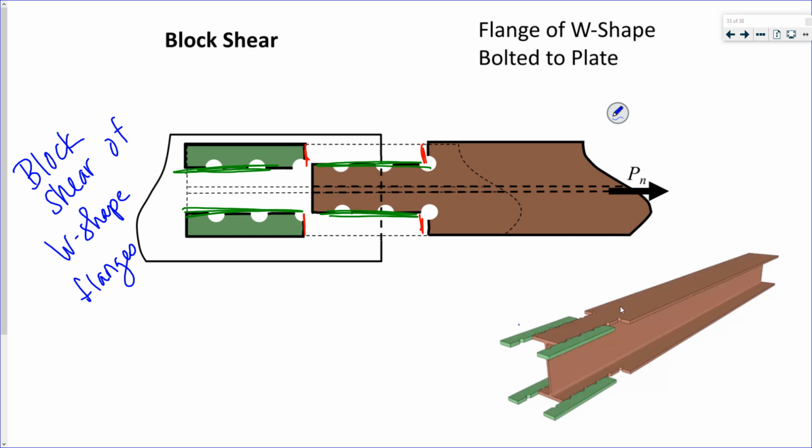That's what it would look like if you had block shear of the flanges. They leave a chunk behind while that tensile load is applied. Right, from there to there.